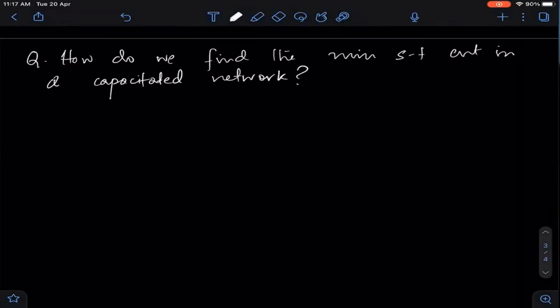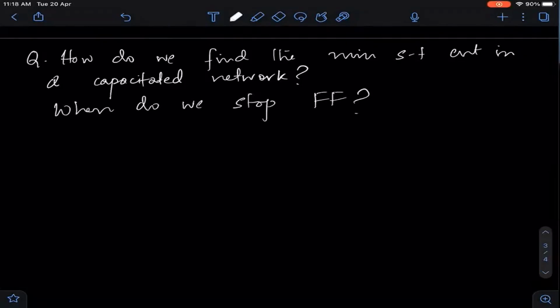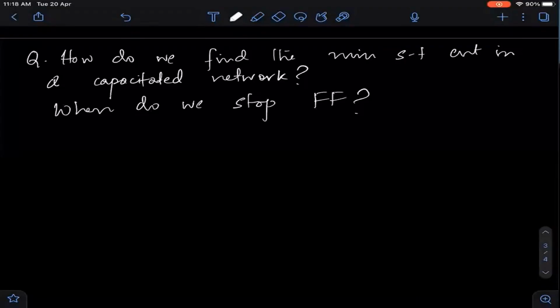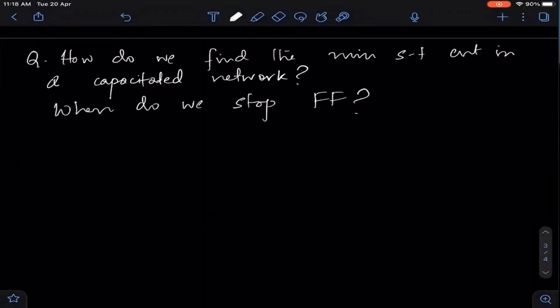So let's go back one step again. When do we stop Ford-Fulkerson? What is the termination condition of FF? When do you stop the algorithm? Who remembers this? Very good. So when there are no augmenting paths.